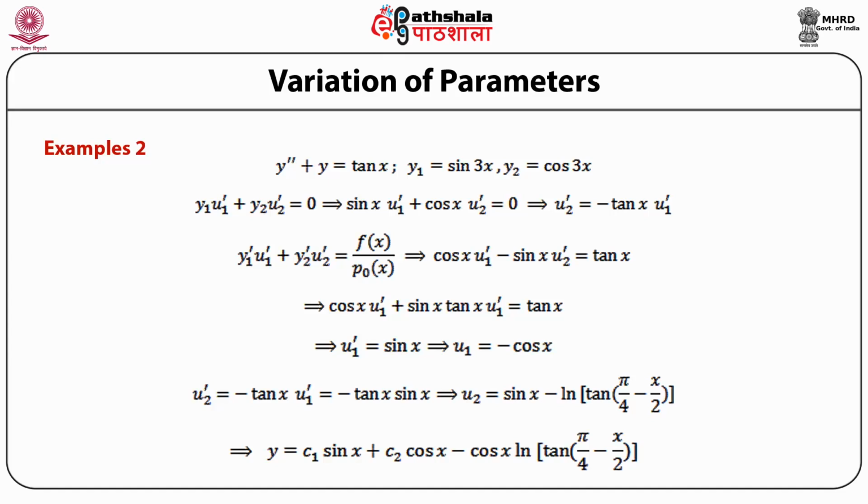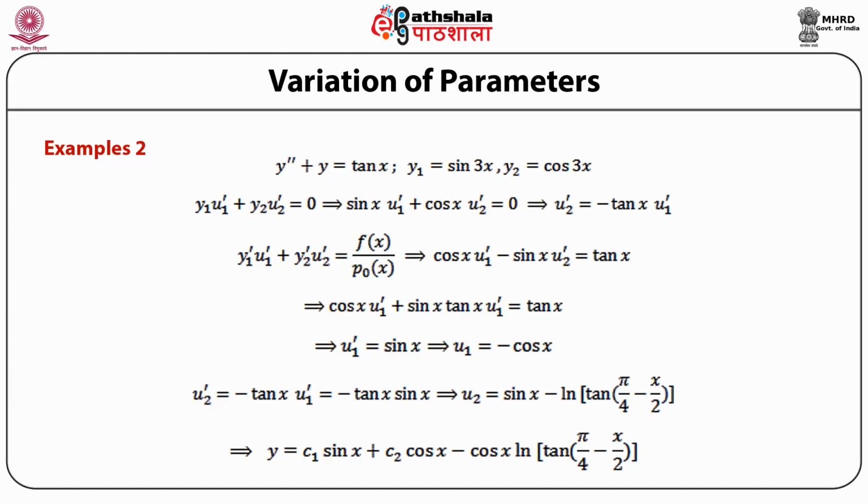Similarly, u2 prime is obtained as minus tan x u1 prime. So u2 prime is minus tan x sin x, where u1 prime is substituted as sin x. So u2 will be equal to sin x minus the natural logarithm of tan of (pi by 4 minus x by 2).